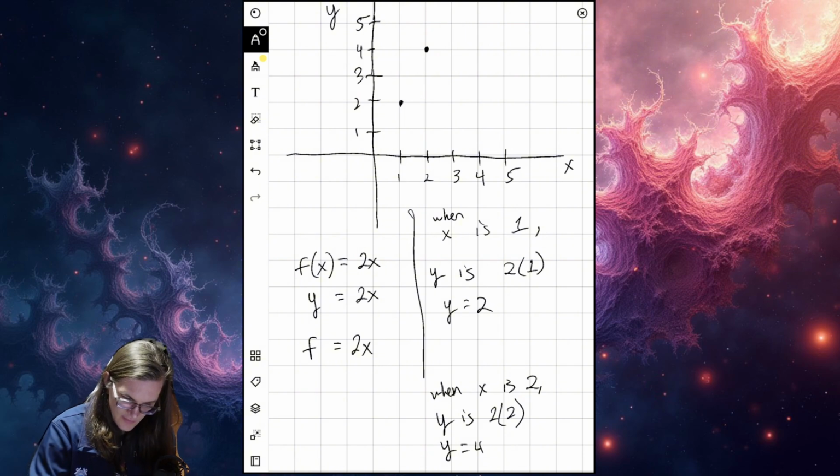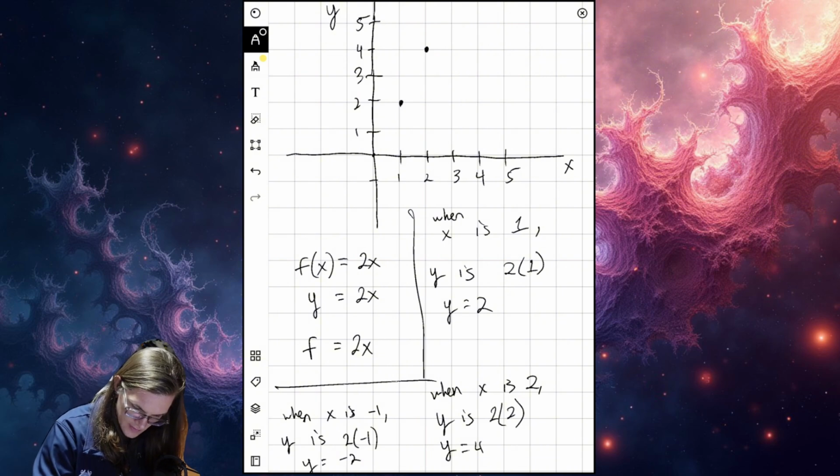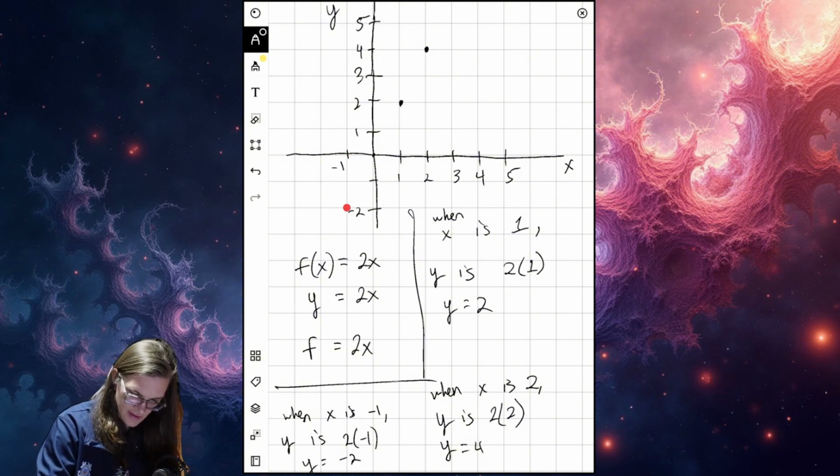Then we can even plot some in the negative direction, right? Let's say when x is -1, y is equal to 2 times -1, which is -2. So I'll go here to -2, and then the -1 on the x-axis, we go down to -2.